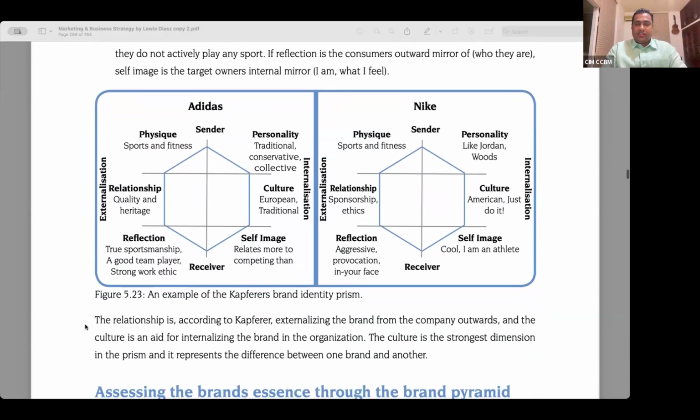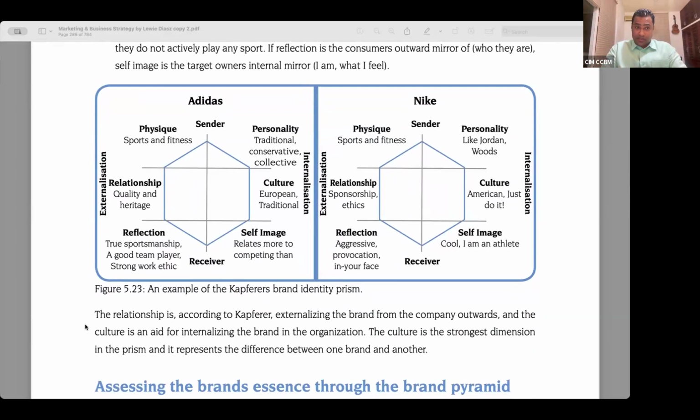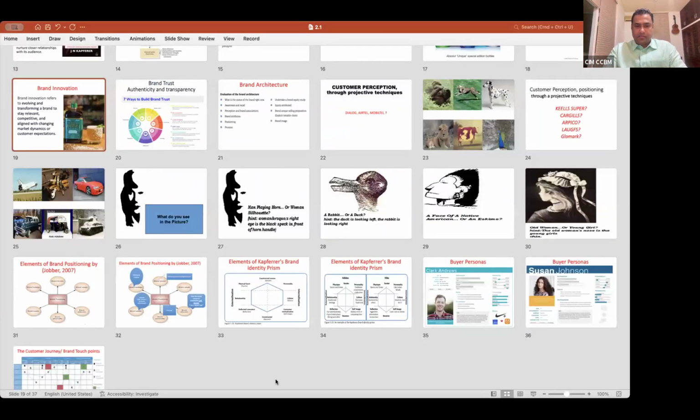Self-image is also important. If you look at these examples of Kapferer's brand identity prism, here's an example of Adidas and Nike. You won't get an example to do a prism in the exam, but you can get some questions on the meaning of these areas.